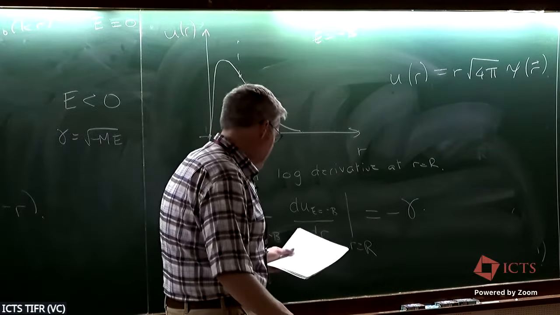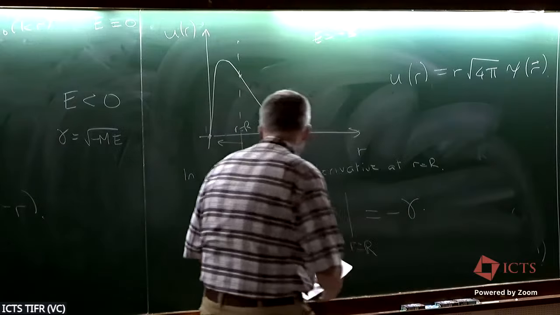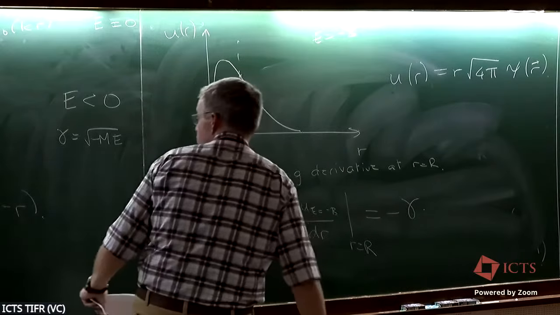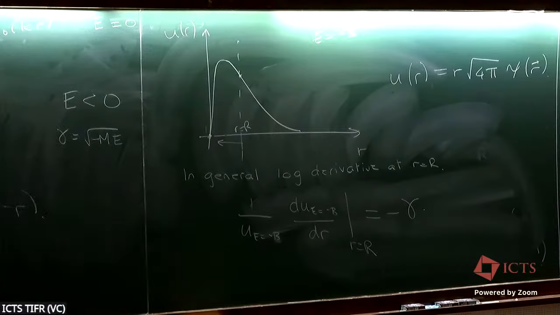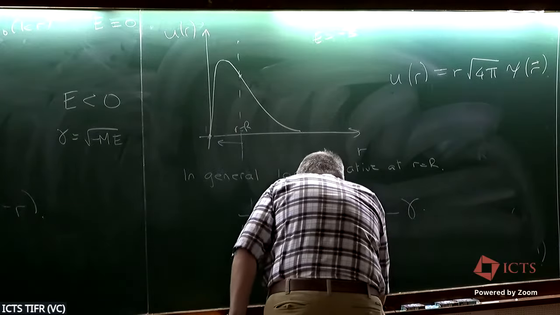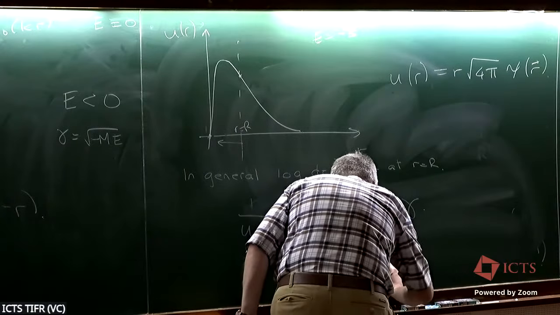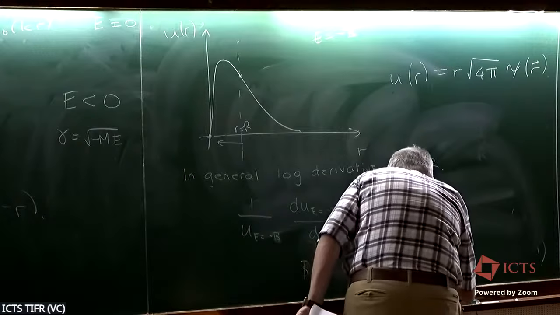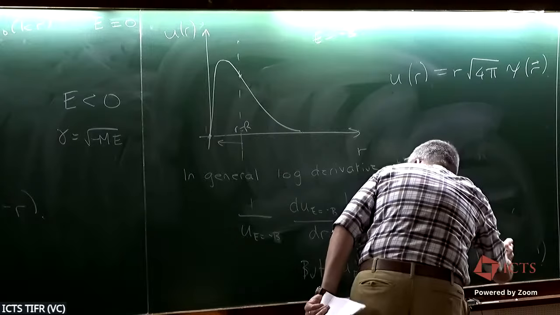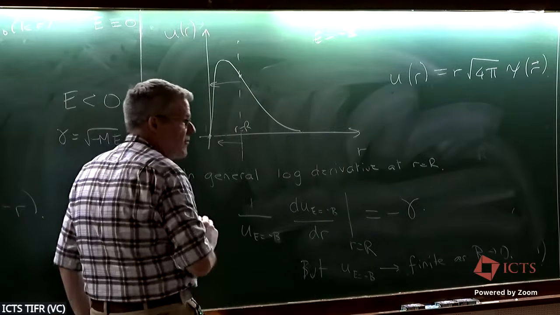But as r goes to 0, as you can see here, our wave function from the outside is tending to, I should have written proportional to here, sorry. Our wave function on the outside tends to something finite. So as we pull this further and further in, this u becomes finite.